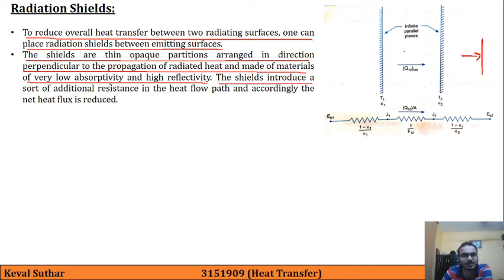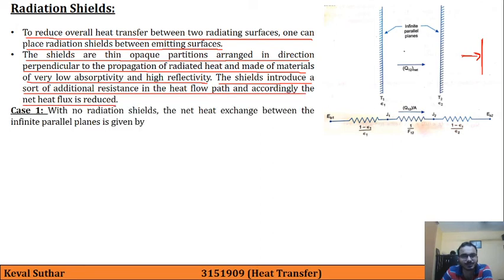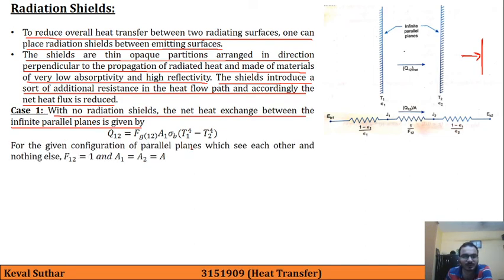So the shields introduce a sort of additional resistance in the heat flow path, and accordingly the net heat flux is reduced. So first we will discuss the first case in which there is no radiation shield, and the net heat exchange between the infinite parallel planes is given by this formula that we have already seen, where F_g12 is the gray body factor.